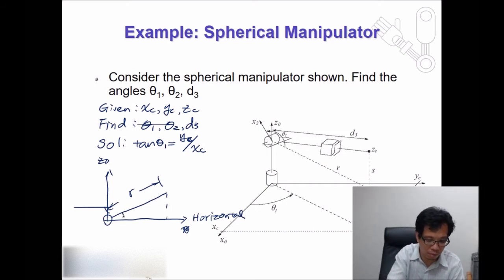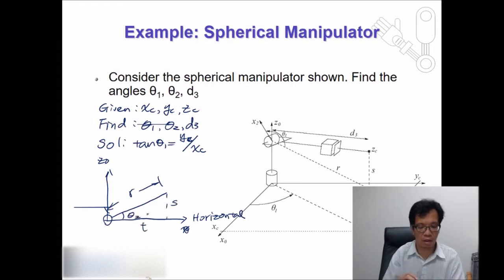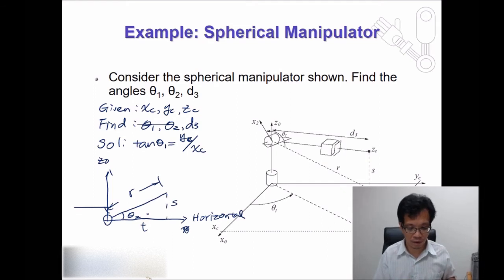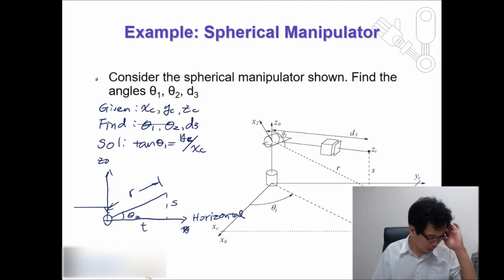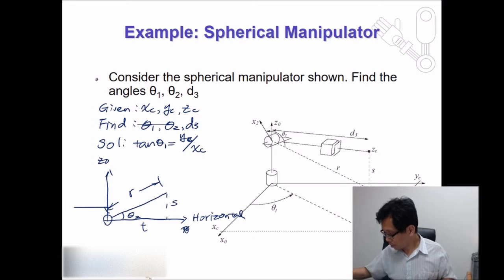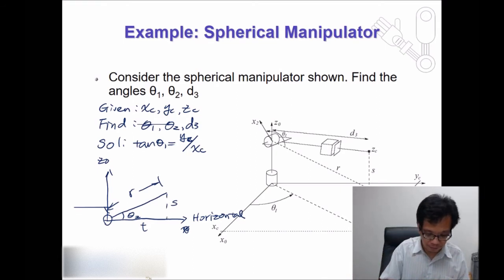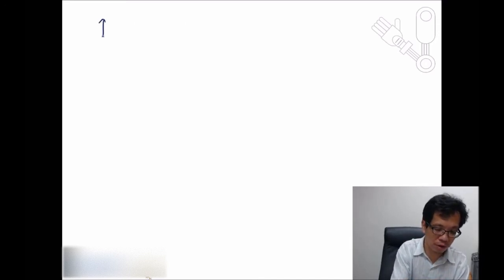And this is going to be my theta 2. If this is s, this is t. Okay, with this specific configuration, let me draw the configuration on this side.